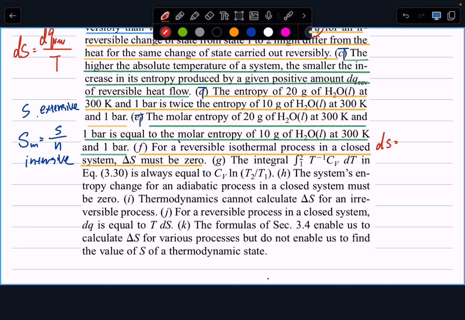We have delta S equals the integral of dq reversible over temperature. And for isothermal processes, we can simplify this expression to q reversible over temperature. Right, so now the question becomes, is heat always 0 for isothermal processes? And the answer is no.